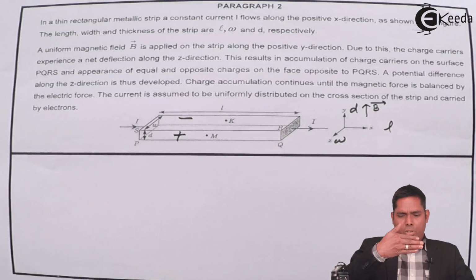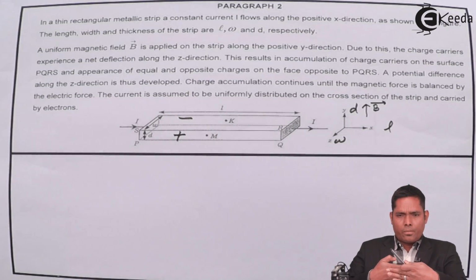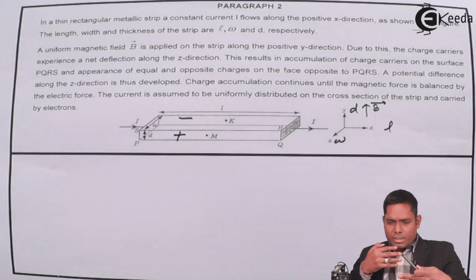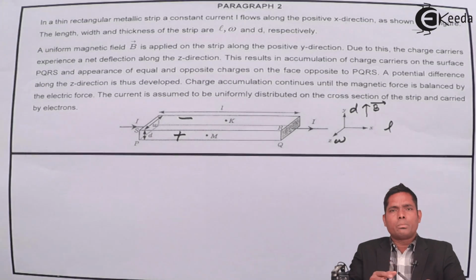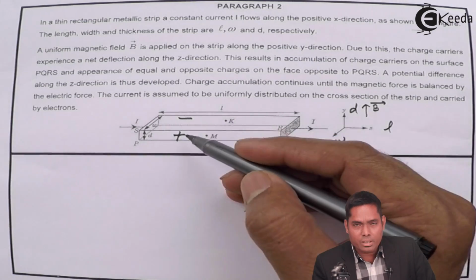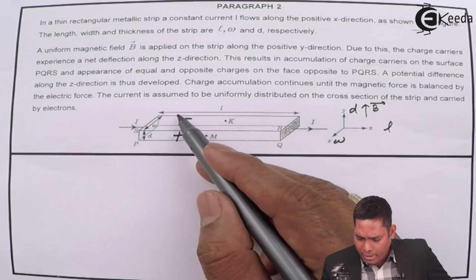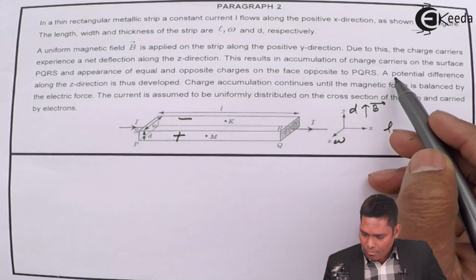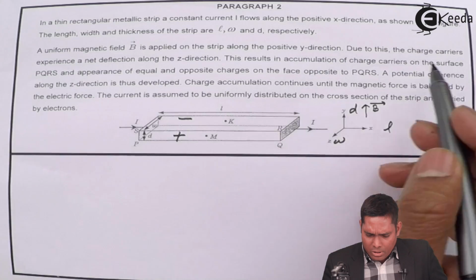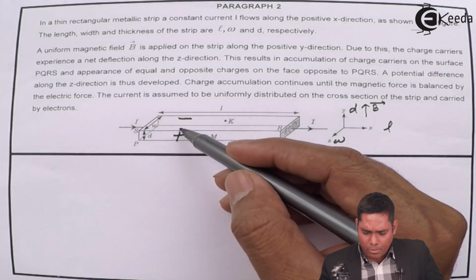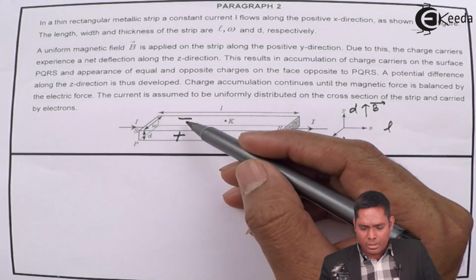An electric field is established because of the accumulation of plus here and minus there. A potential difference along the z-axis is thus developed.